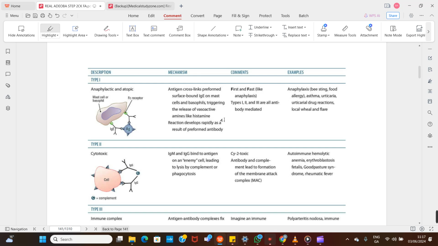Because they are vasoactive, they cause majorly vasodilation of the vessels. And when there's vasodilation of the vessels, you have edema, you have pain, you have erythema, right, of that area. So like cardinal signs of inflammation happen.